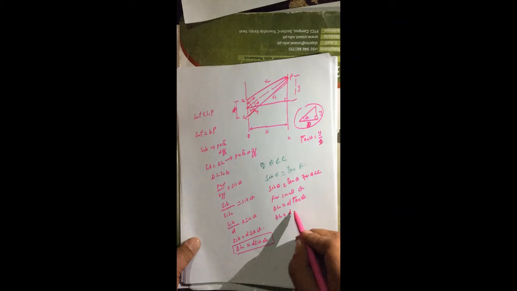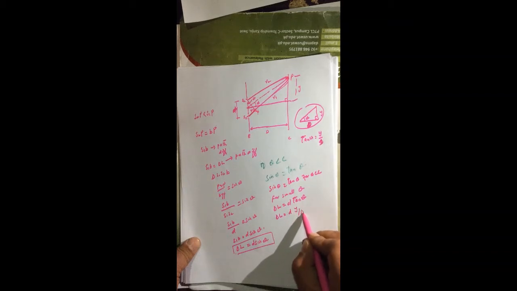So from this triangle I can say that tan theta is equal to perpendicular over base, Y over D. If I put this value here, then delta L will be d Y over D. This is capital D, not small d.